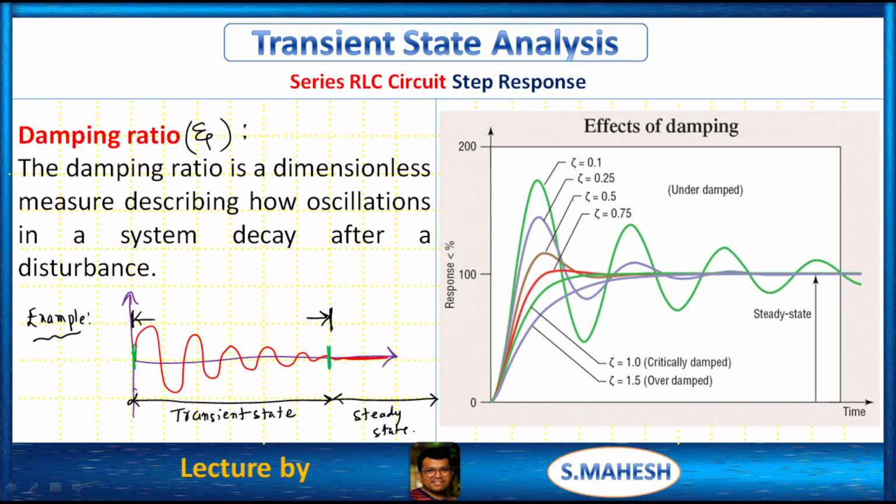So see, for different values of damping ratio, we are having different responses. See, if it is 0.1, this is the response, that is underdamped system. We can call it an underdamped system. If it is 0.25, this is the system response. See, if zeta gradually increases from 0 to 1, we don't have any oscillations, right? If zeta value is very less, obviously we are going to get disturbance in the system.